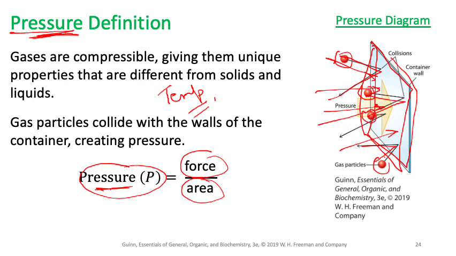So if you increase the temperature, you are increasing the pressure of that gas, right? Because you are forcing the atoms to collide with the inner wall of the container much quicker compared to when they don't have high kinetic energy. So make sure you know this concept too, to get an idea of how you're going to determine the pressure.